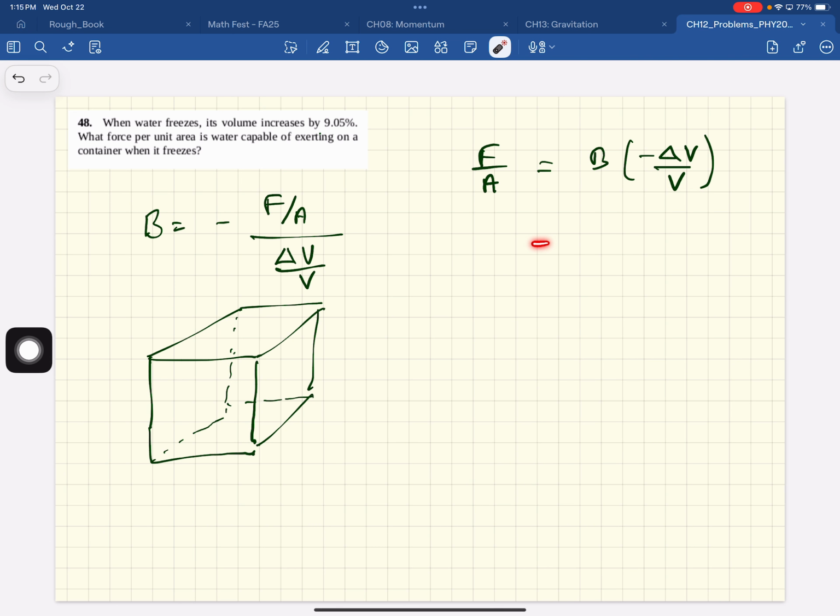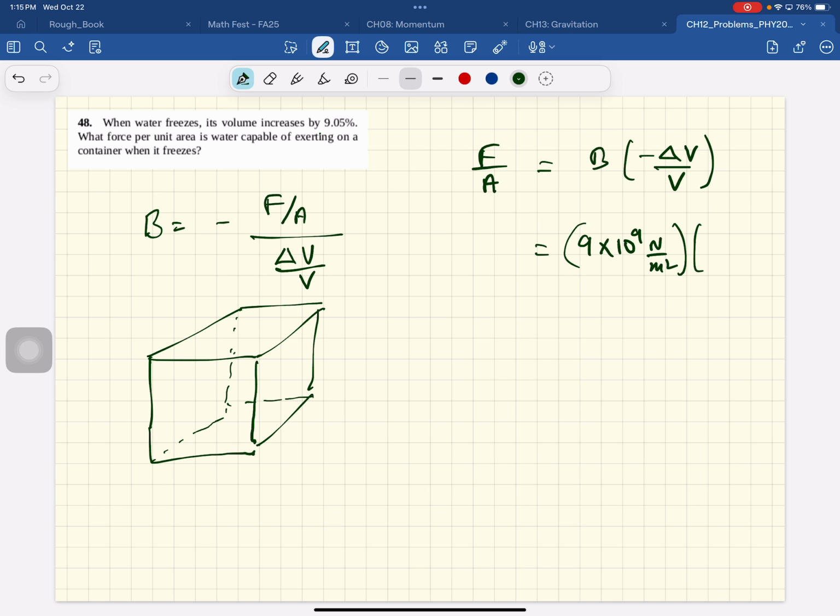So this is 9 giga, and pascals is newtons per meter squared. And this is 0.09. So the volume decreases, that's negative, and it decreases by 9%. So negative, negative, positive. So this is the force per unit area.